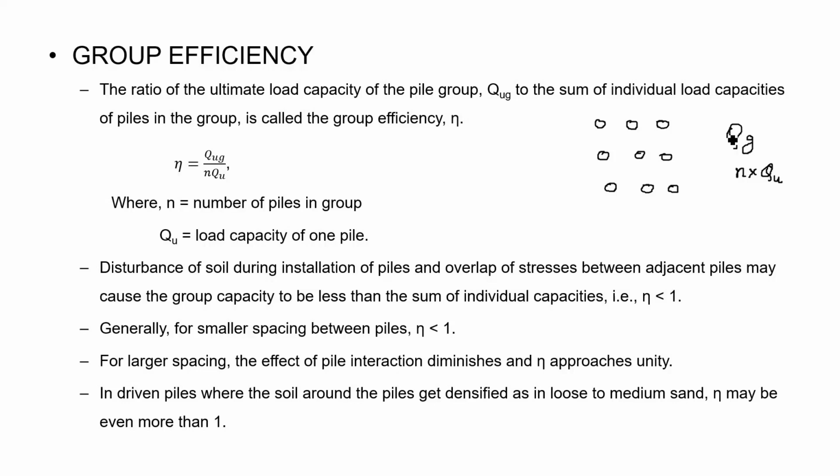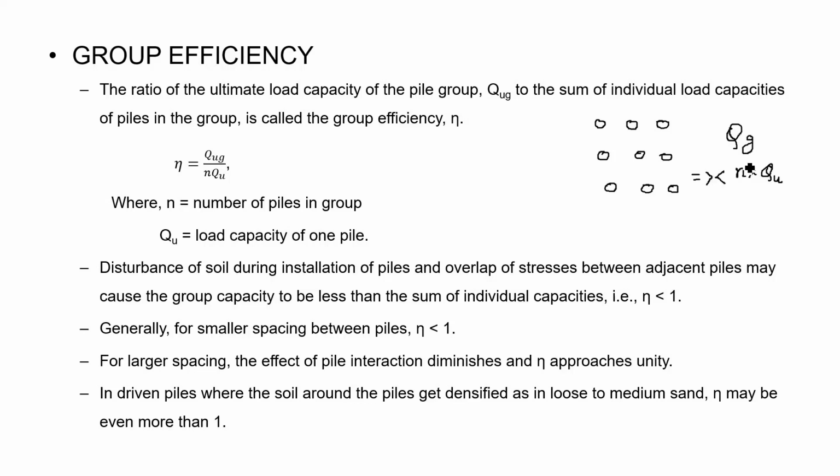But in practice, this group capacity may be equal to n into Qu, or it may be greater than or smaller than n into Qu, that is, the each pile capacity into number of piles.